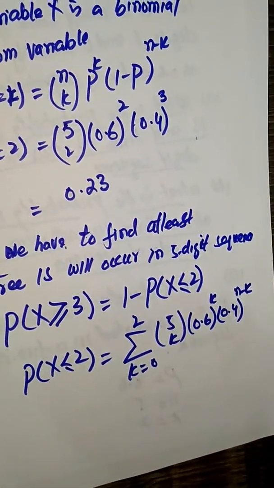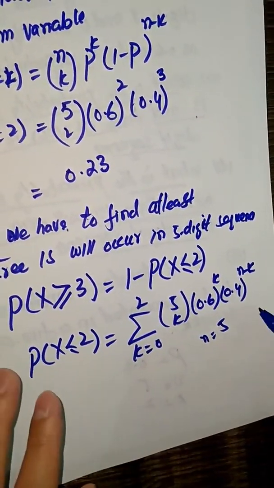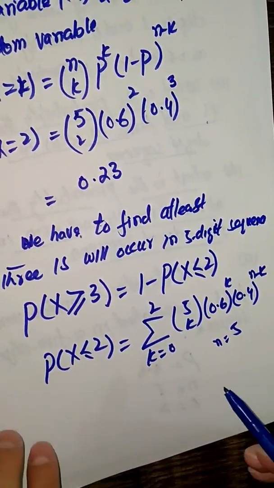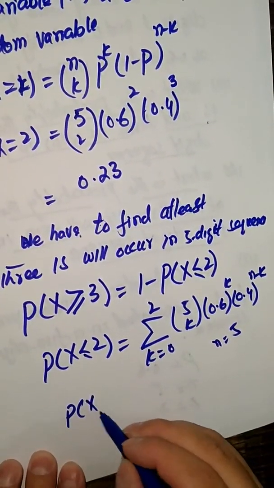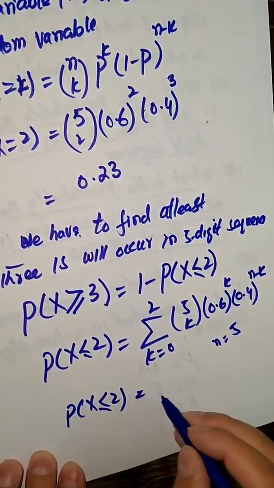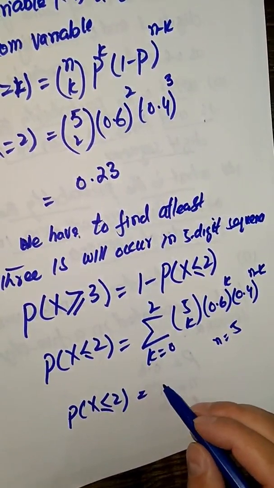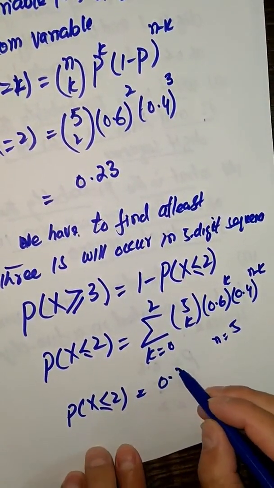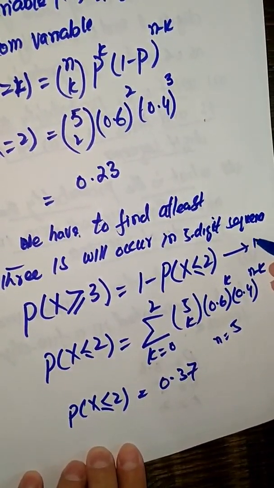So we have given here n is equal to 5, where k is from 0 to 2. So after solving this, I will get the probability that x is less than or equal to 2, that is 0.37.